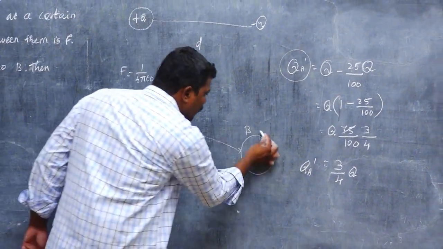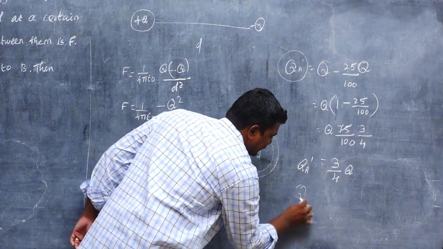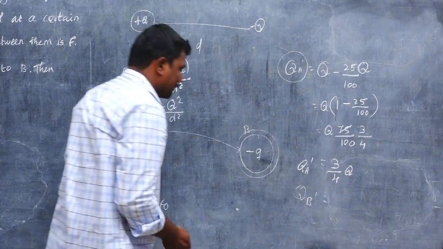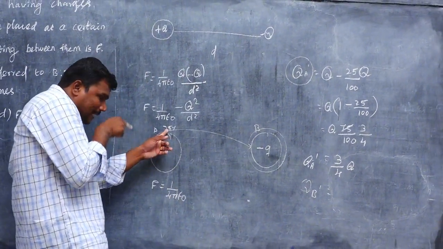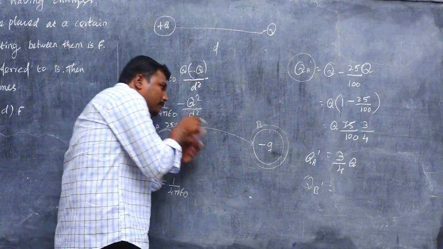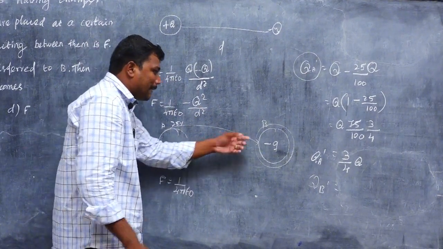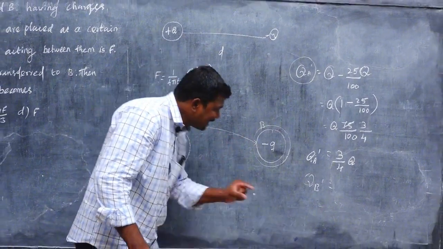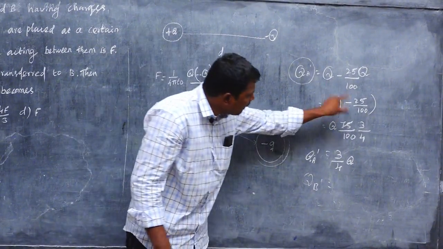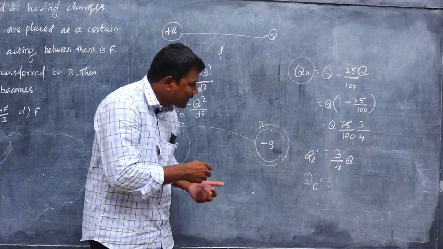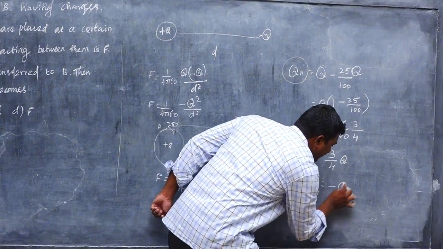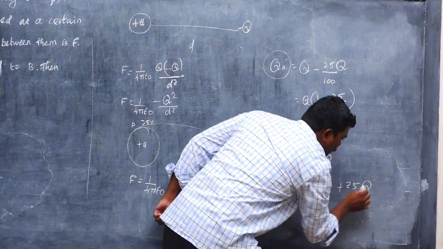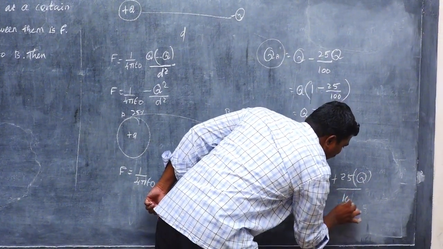Another one is QB dash. 25% of the charge is transferred from A to B, which means B has received charge. B's initial charge is minus Q, and plus 25% of the charge, Q divided by 100.